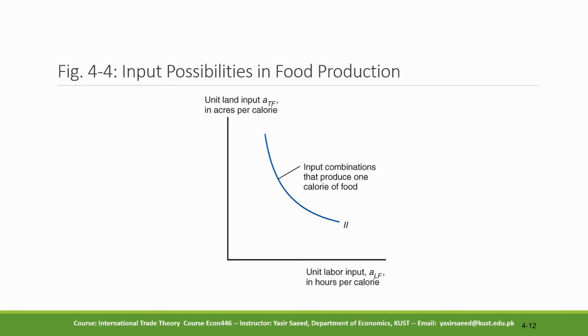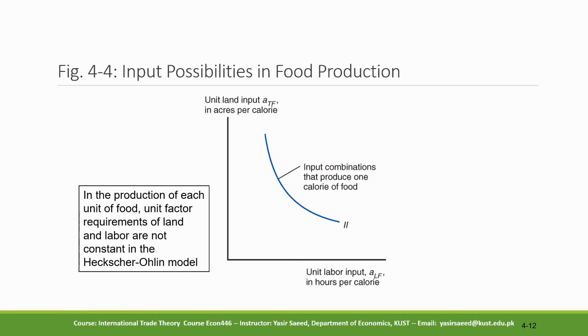As we have discussed, we can use multiple combinations of input, that is the land and labor, to produce a single unit of food. But remember that this combination is not constant. For example, we may sacrifice 1 unit of land and we may substitute that with half unit of labor initially.